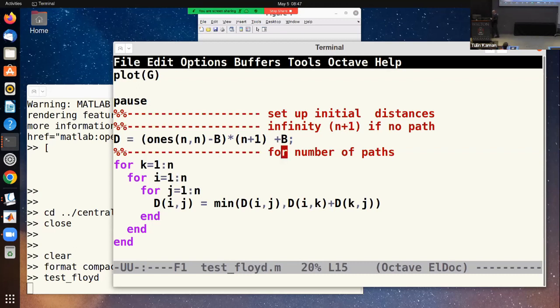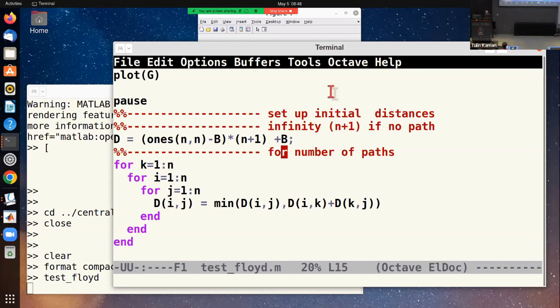What I would like to do is get the distance between every node and every other node. So I need a matrix, right? I need the matrix D, an n by n matrix, where D of ij is the distance between i and j. That's what I'm going to construct. I'll start that matrix by putting infinity wherever I have a zero. So where there's no edge, the distance is infinity, right? Initially, that's what you have. Otherwise, you have a distance of 1.